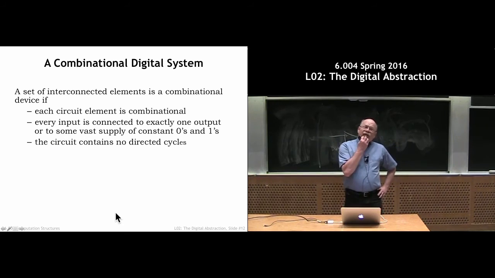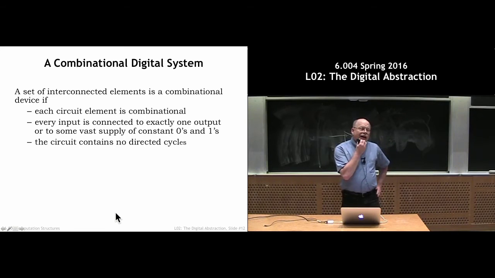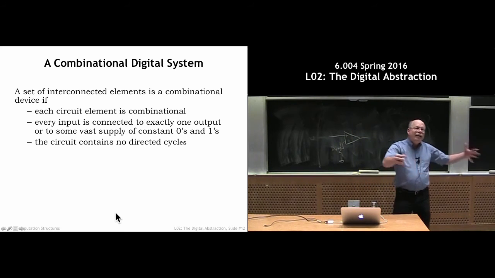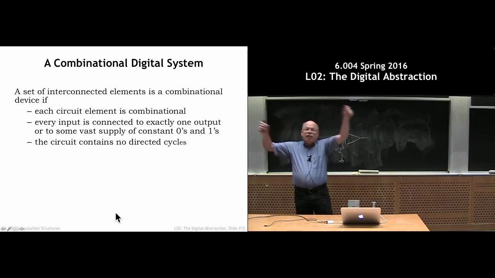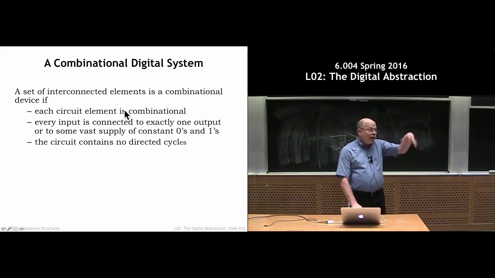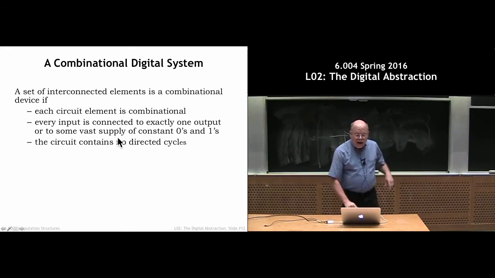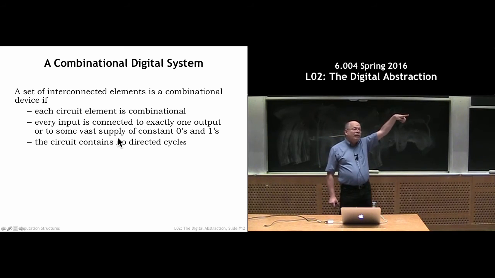But first of all, let's go back to system building. My claim is that if I have a whole stack of combinational components, each one of which meets the static discipline, I can plug them together in any size circuit that I want, if I follow the following rules. Every circuit element is a combinational circuit element. Every input is either connected to exactly one output from some other combinational device, or is connected to an input to the circuit.